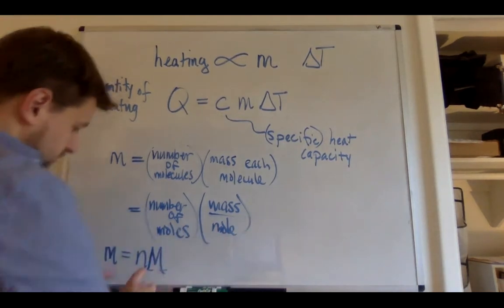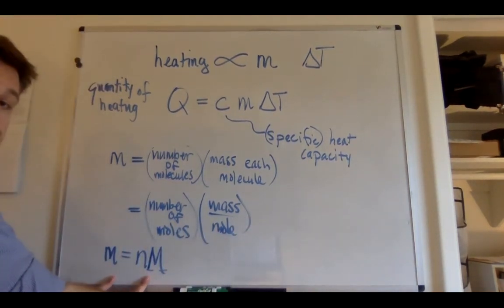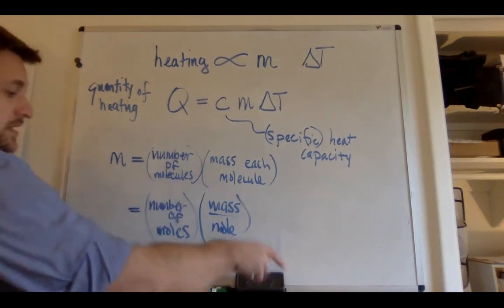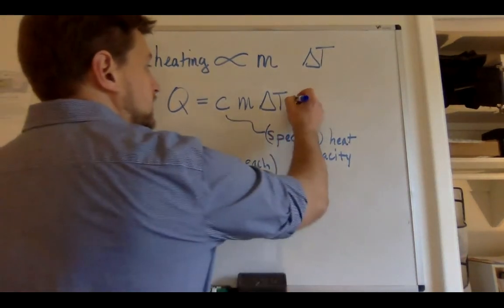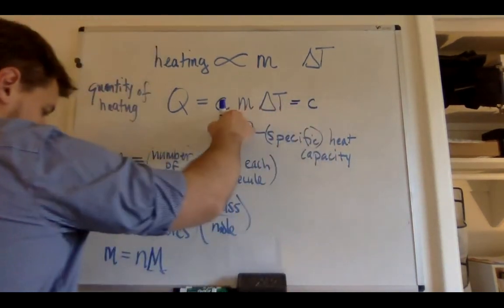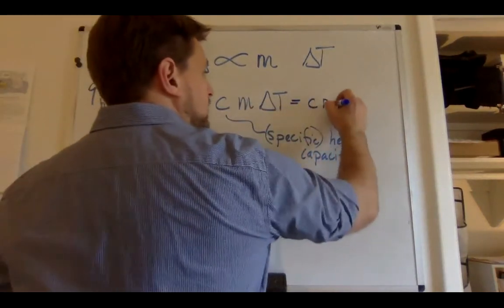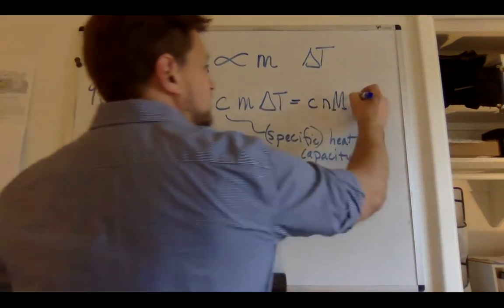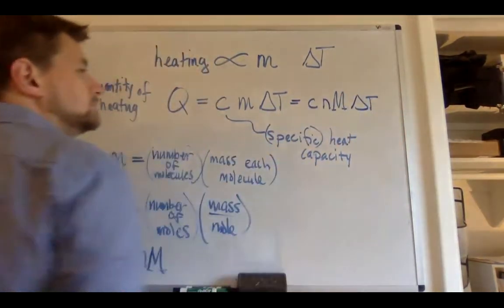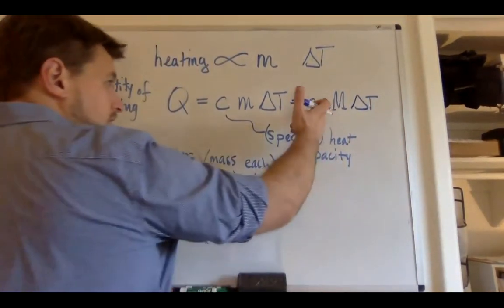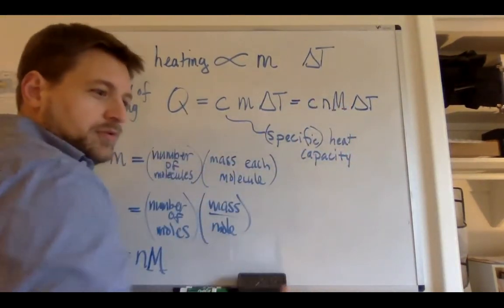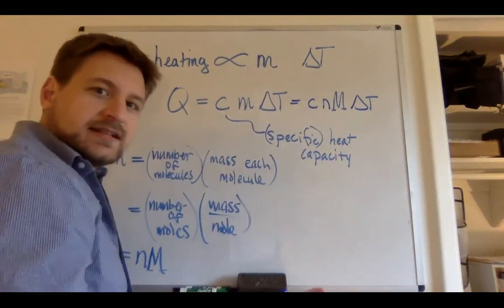Okay, so we could make that substitution up here. We could replace the mass of the sample with the number of moles and the molar mass times delta T. But now the specific heat capacity and the molar mass are both things that depend on which substance it is that we're talking about.